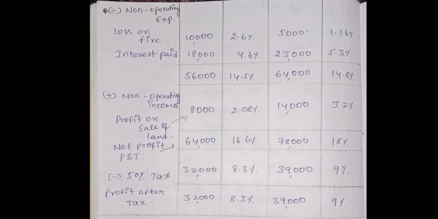Like this, 18,000 divided by 3,84,000 into 100, then we get 4.6%. So like this we will calculate the non-operating expenses of X company and Y company also. 5,000 divided by 4,31,000 into 100 is 1.16. Non-operating expenses of X company and Y company as percentage of sales. So here we are calculating the percentage of sales.